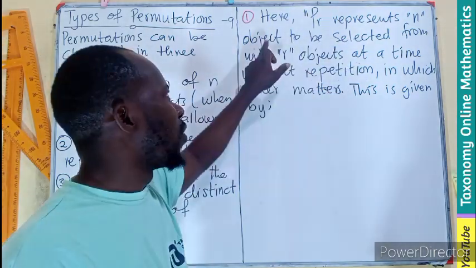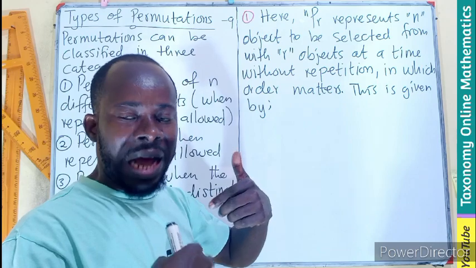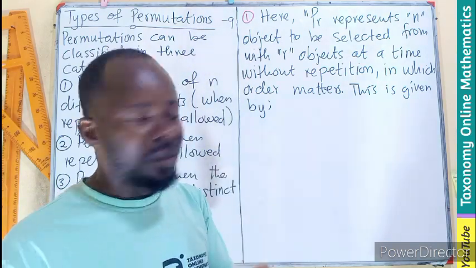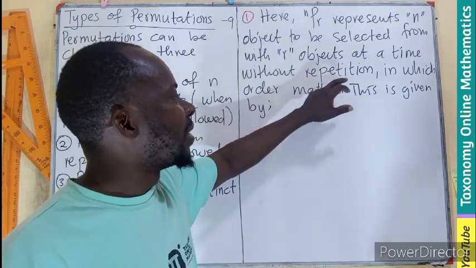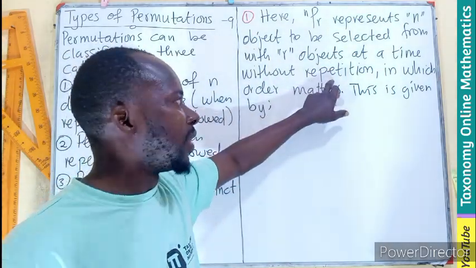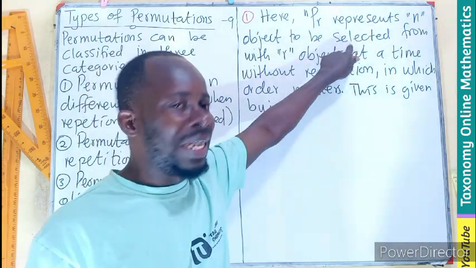We represent n objects to be selected from, the mother set or universal set, with r objects selected at a time without repetition. There is no repetition.